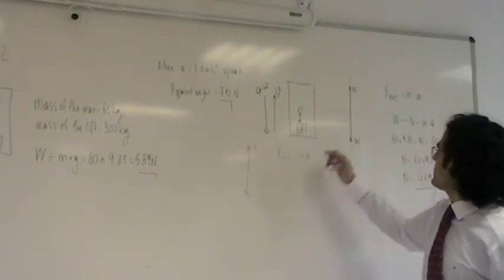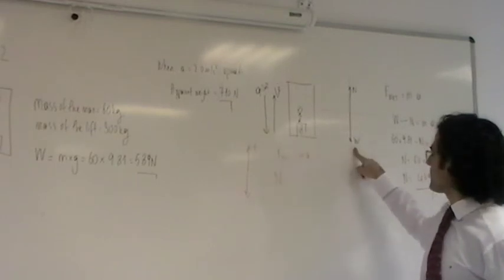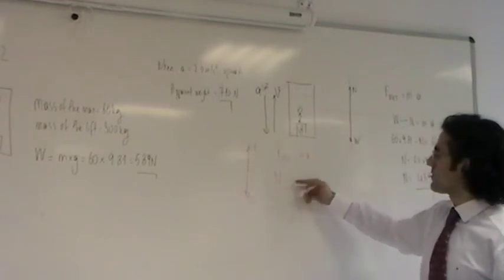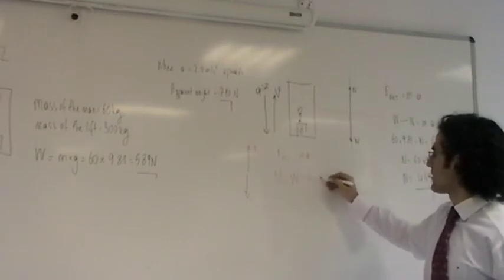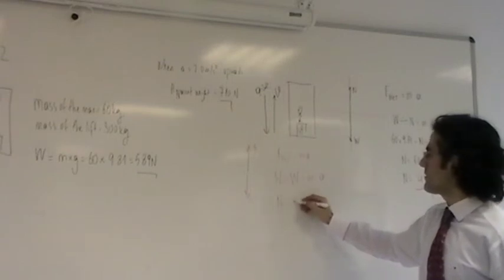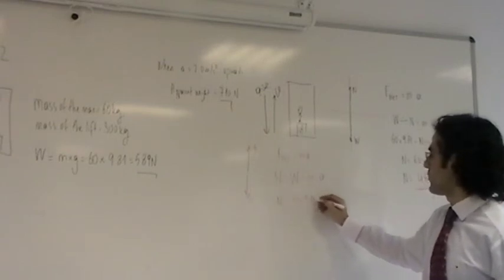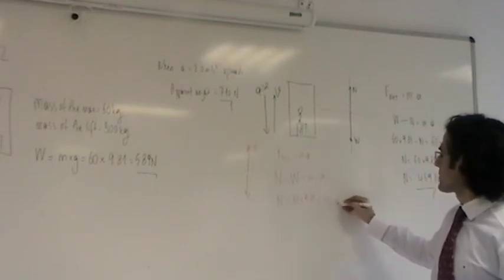The net force in this case: N is in the positive direction, therefore N minus W, with W in the negative direction, is equal to mass times acceleration. Mass is 60, so N minus 60 times 9.81 is equal to 60 multiplied by acceleration.